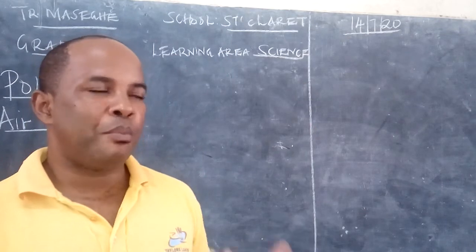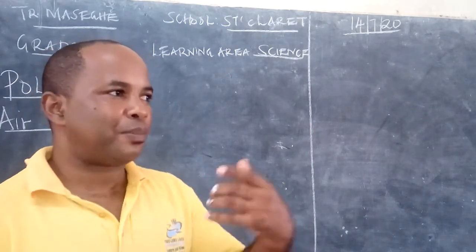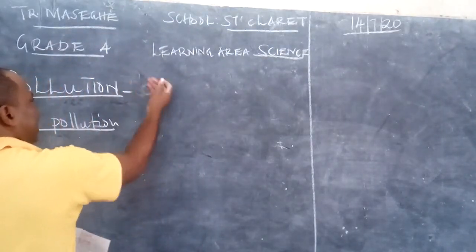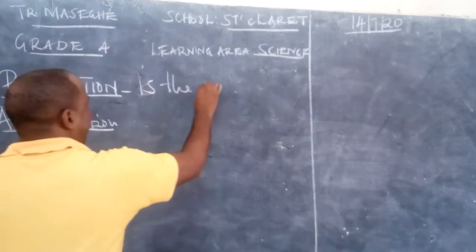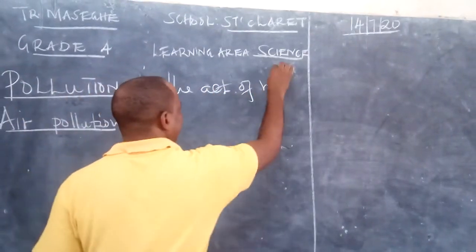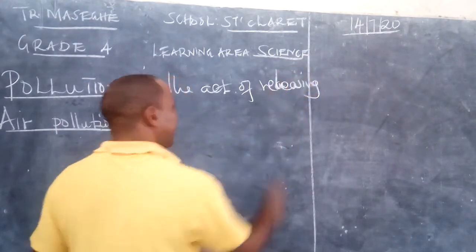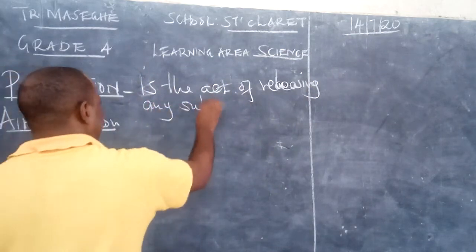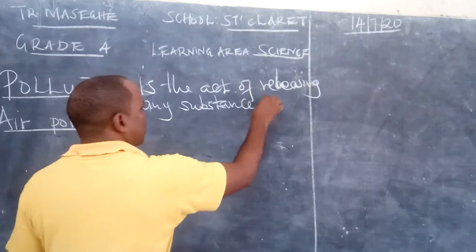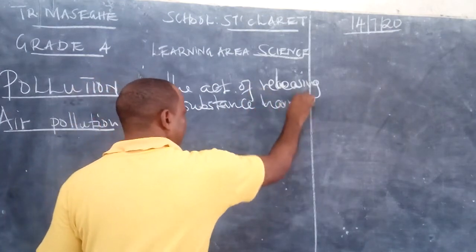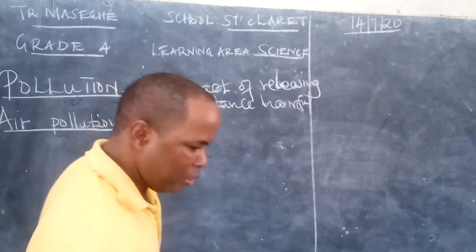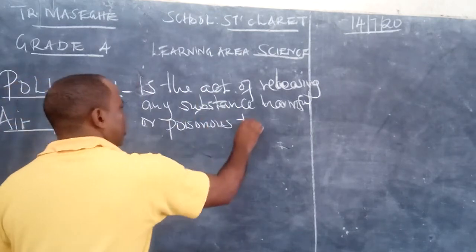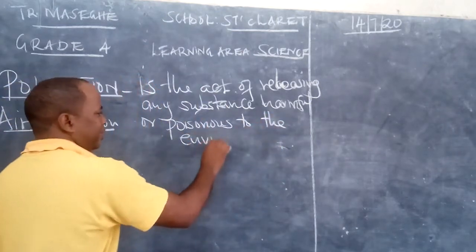In a very simple explanation, we can say that pollution is the act of releasing any substance that is harmful or poisonous to the environment.